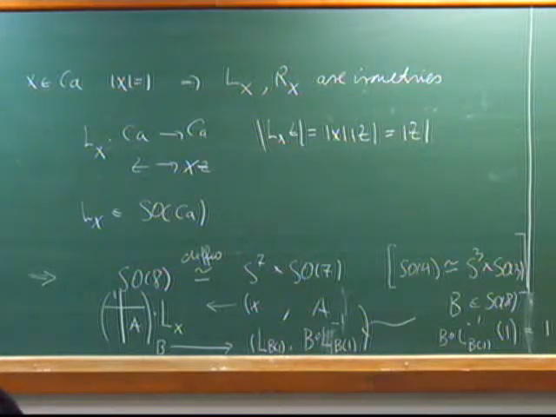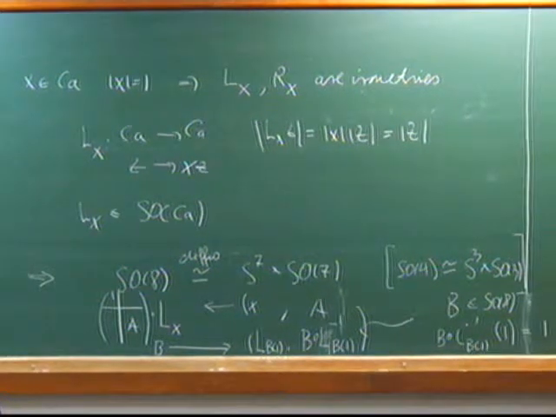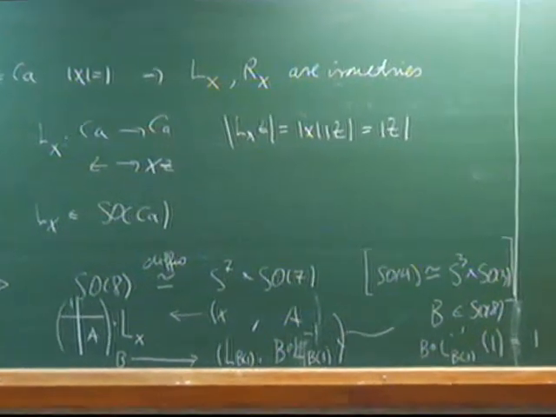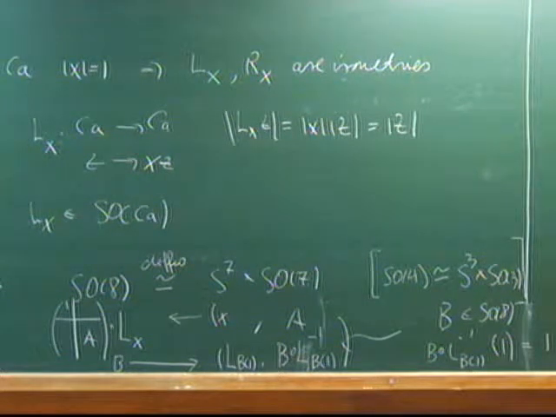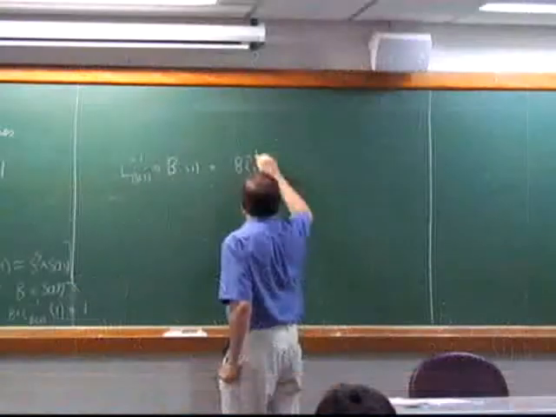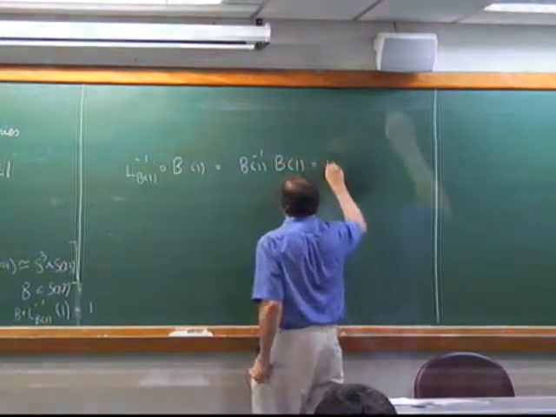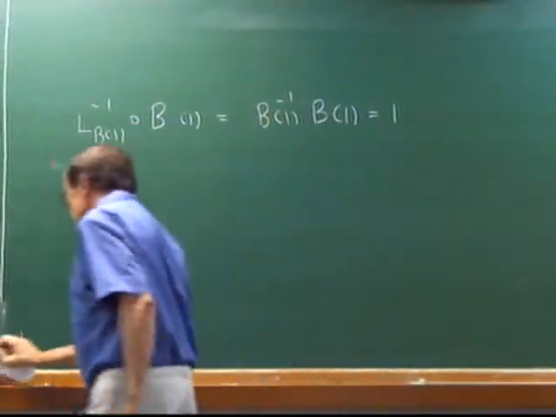Let's see, should I do it the other way around? Yeah, I probably won't do it the other way around. Let's see. Yeah, if we do it this way, it takes this one to B1 inverse times B1, which is equal to 1. So let's reverse the order.